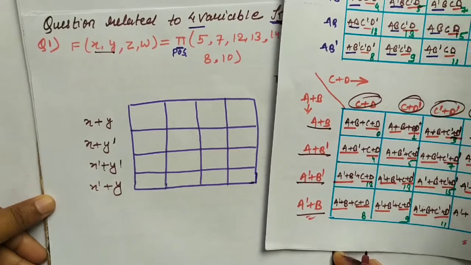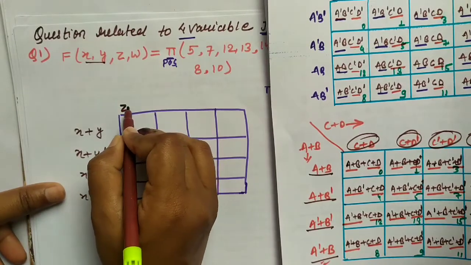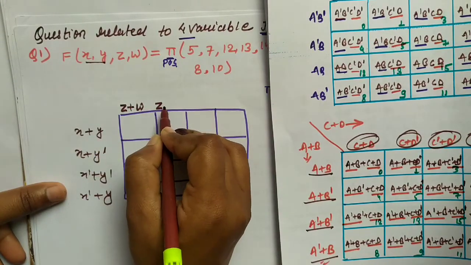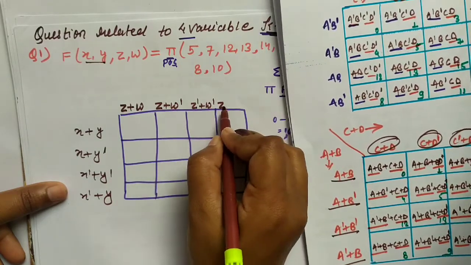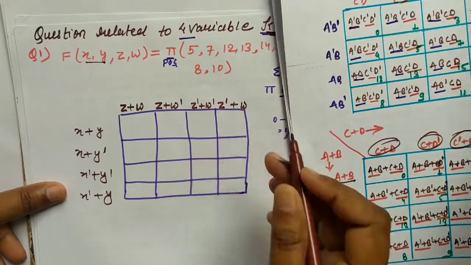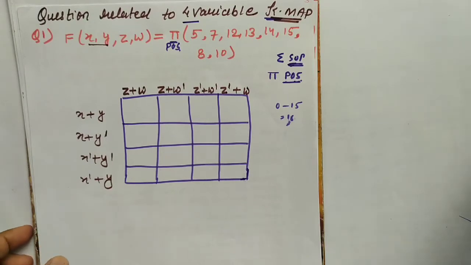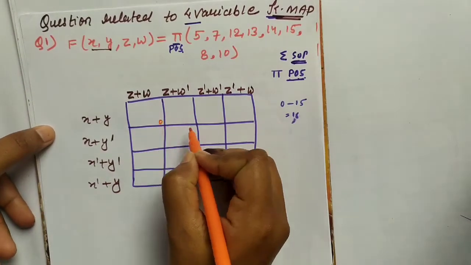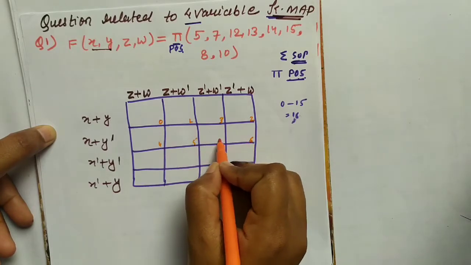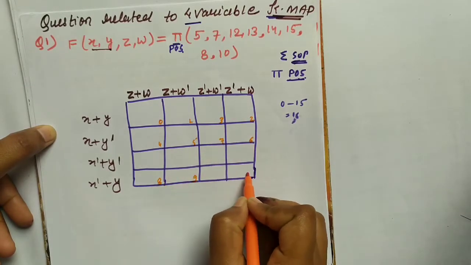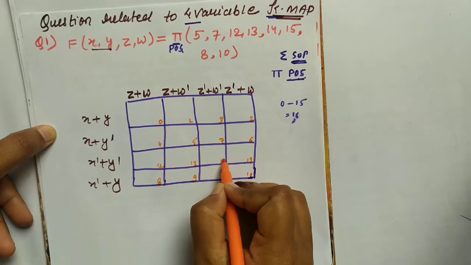For the column we use z or w: z plus w, z plus w dash, z dash plus w dash, z dash plus w. So this is the design. Next we put in the values 0, 1, 2, 3, 4, 5, 6, 7, 8, 9, 10, 11, 12, 13, 14 and 15.